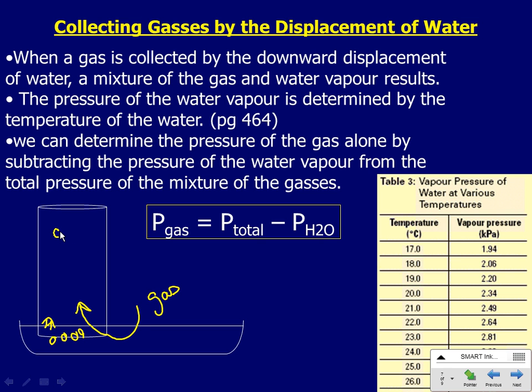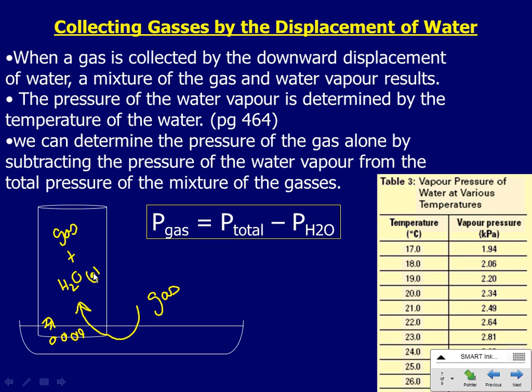So in the end, I have gas plus I have some H2O vapor in there, H2O gas. Because as the bubbles rise through the water, some of it evaporates. And it evaporates because of its vapor pressure. Which means when you're done collecting gas over water, you actually have a mixture of the gas plus the water.